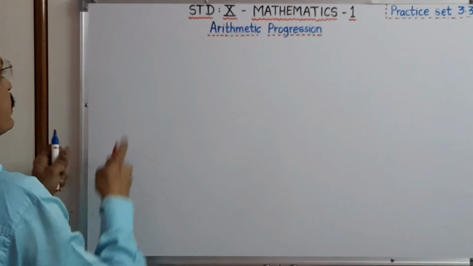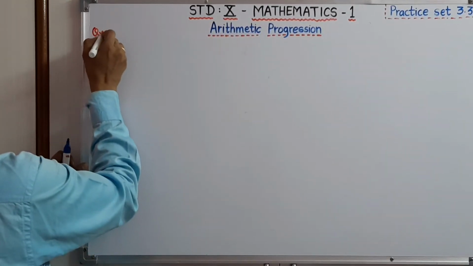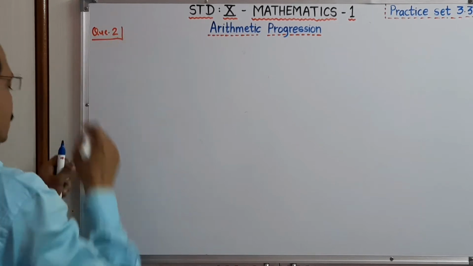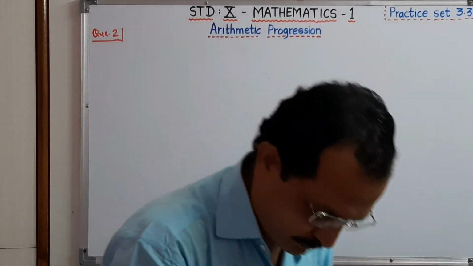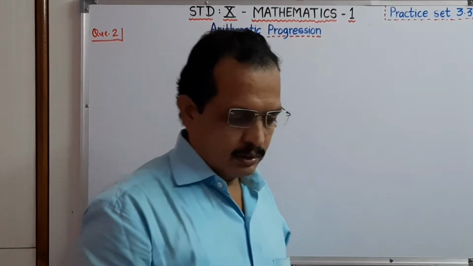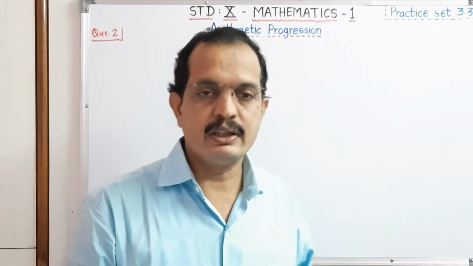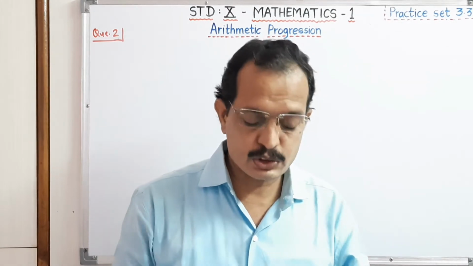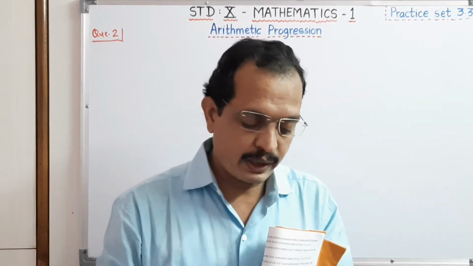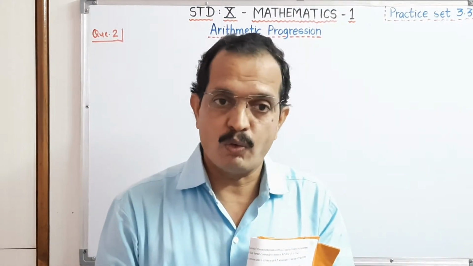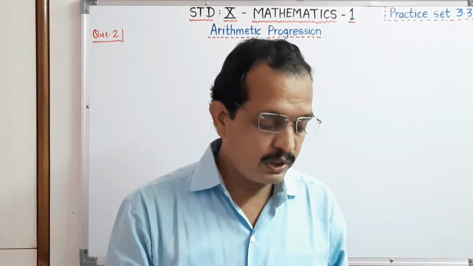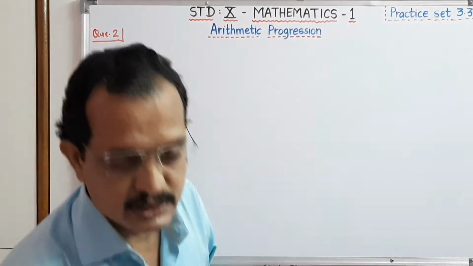It is question number 2. Now see what is given. Find the sum of first 123 even natural numbers. Dear students, we have to find out the sum of first 123 even natural numbers.